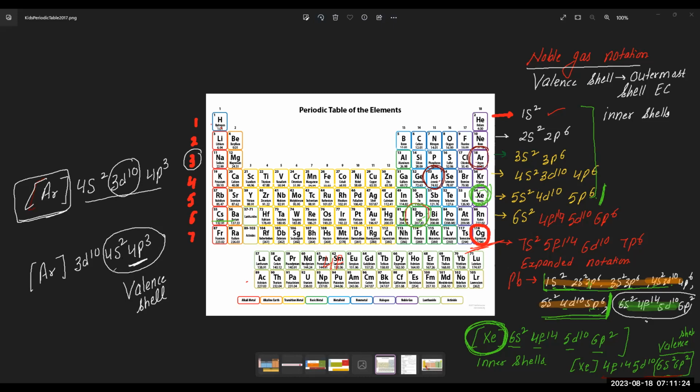If they ask you to put this in box representation, 4s has only one orbital with 2 electrons. 4p has 3 orbitals. How will the electrons go? One in each, with parallel spins, Hund's rule. Is it okay, children? This is a stable configuration, arsenic.